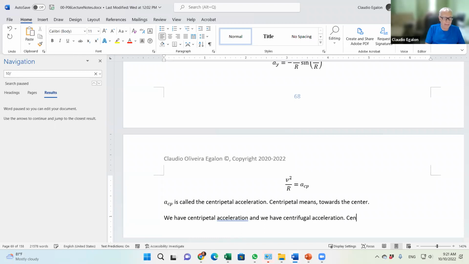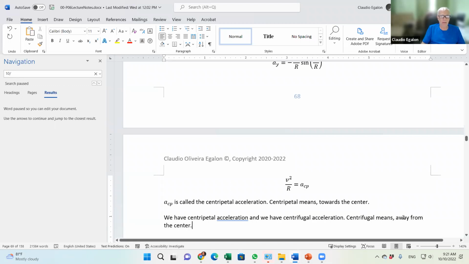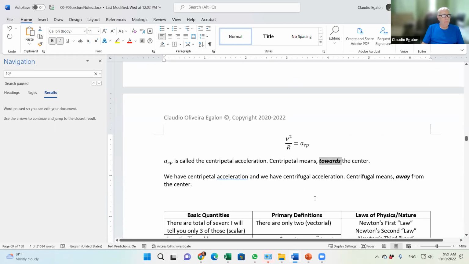Centrifugal means away from the center. That is the difference between centripetal and centrifugal.